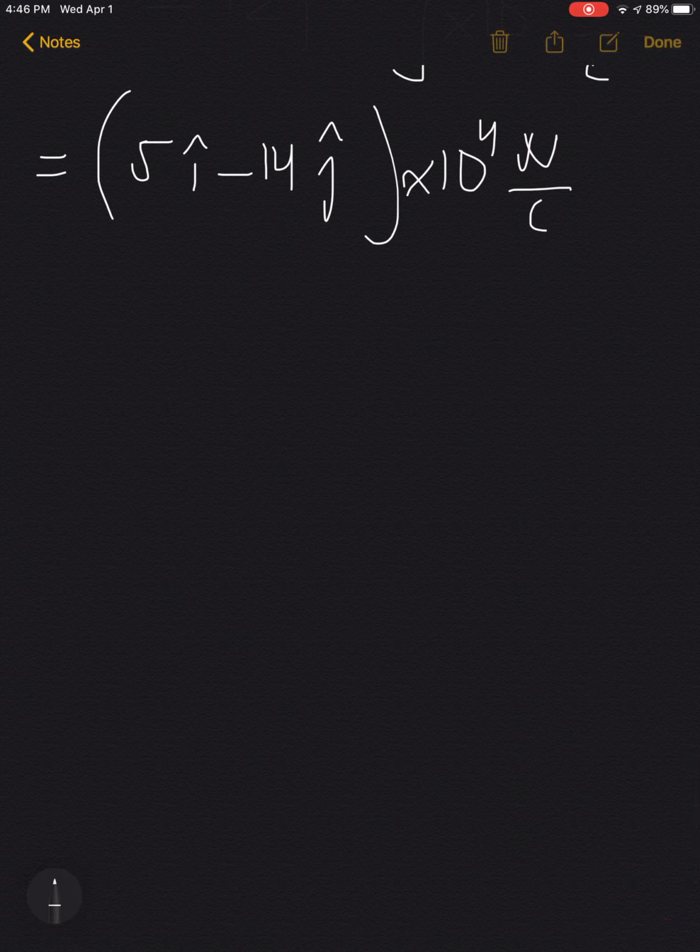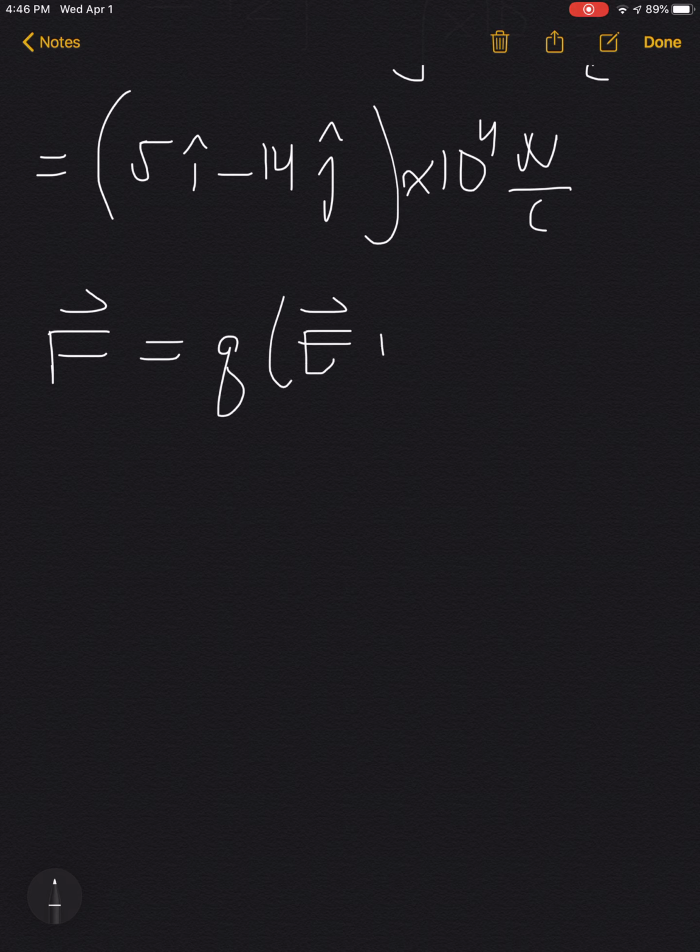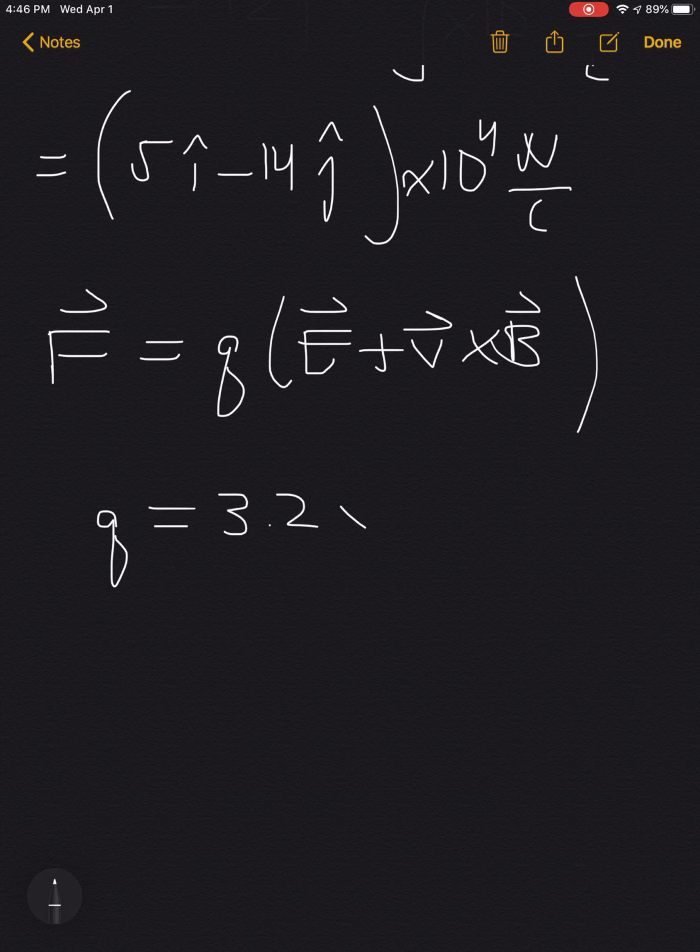What's remaining is that the force is equal to Q times E plus V cross B, and Q is going to be given to us by 3.2 times 10 to the minus 19 coulombs. So what remains is to multiply what we just got by that.